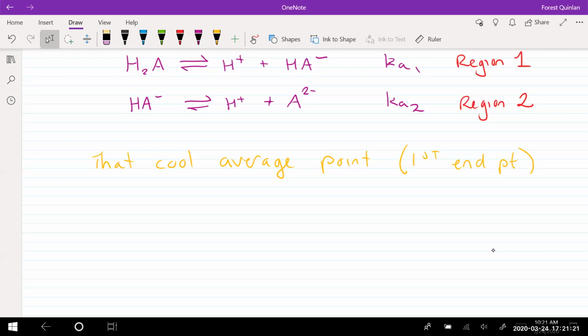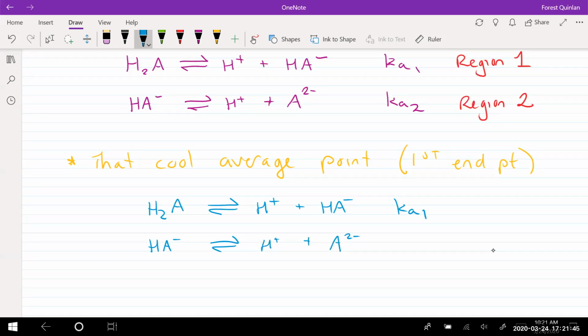I'm going to go here in blue. I know it's right above us, but I'm going to rewrite it here. H2A goes back and forth to make H plus and HA minus, and that has a Ka1. We also have HA minus back and forth to make H plus and A2 minus with a Ka2.